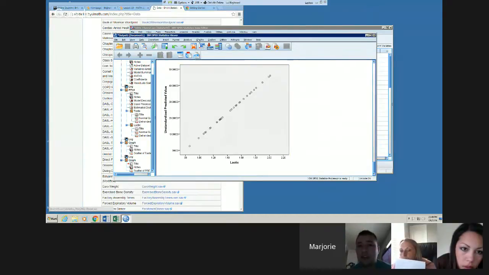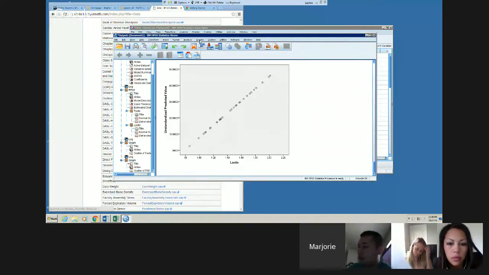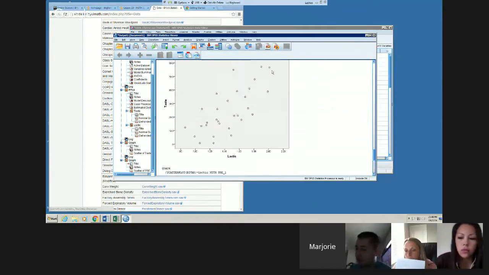Did you save it? The last one? No. You're supposed to save it. You're supposed to save the regression linear thing, and it should be saved as residual 1 or res 1. I don't know how to save things. What am I supposed to do? Walk me through it.